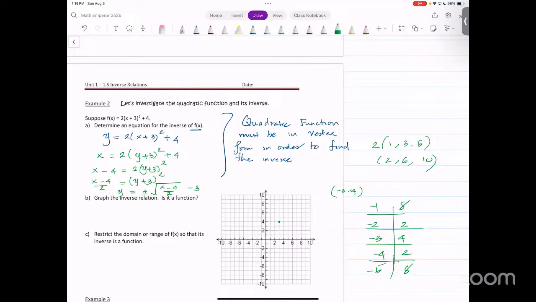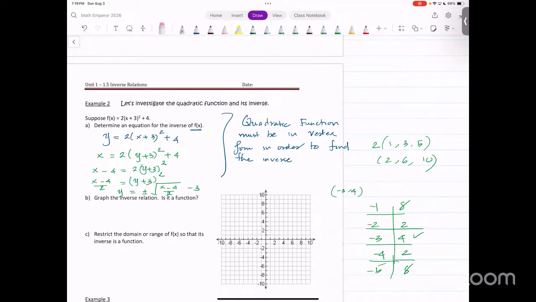So the next point is going to be -4, comma 2. Oh no, I didn't mark my vertex correctly. -3, comma 4. So where is my vertex? -3, comma 4. Something is not correct. Why am I not doing that correctly?